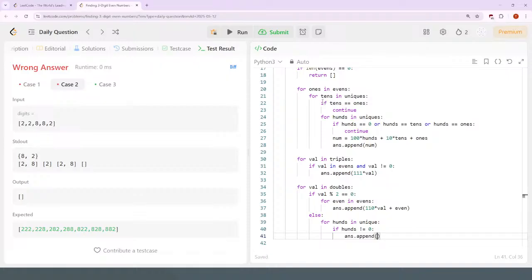That's not quite right. The unique could have something that's like a double.